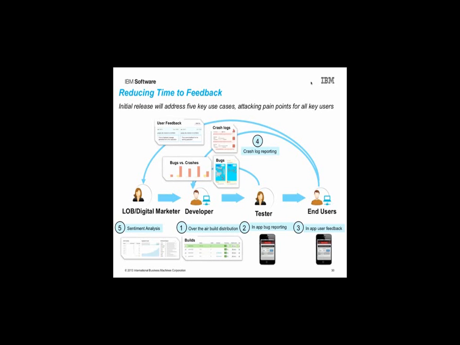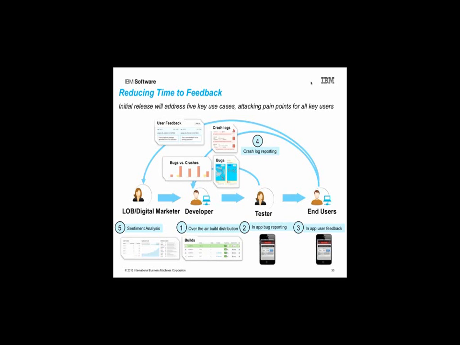It gets sent by email or other mechanisms to the tester, and they simply, from their device, get access to the build. It gets installed onto their phone. Once they have the app, oh, I missed something. One of the other things the developer does is they instrument their app to include some feedback mechanisms, which I'll talk about in a second. So they instrument the app, compile it, build it, distribute it over the air, and then the tester gets it, and they can start testing it.